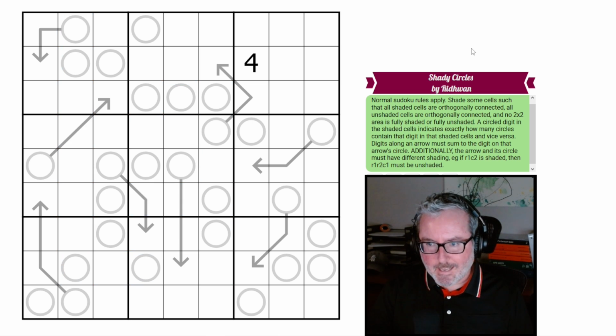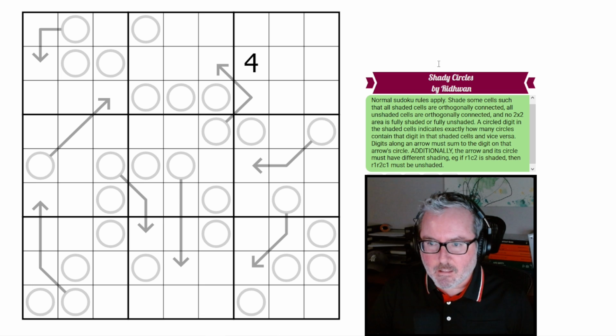So there's that. Then there's a bit more on this one. A circled digit in the shaded cells indicates exactly how many circles contain that digit in the shaded cells, and vice versa.